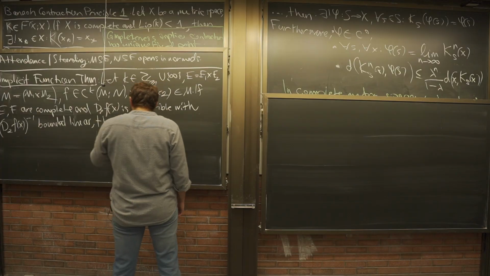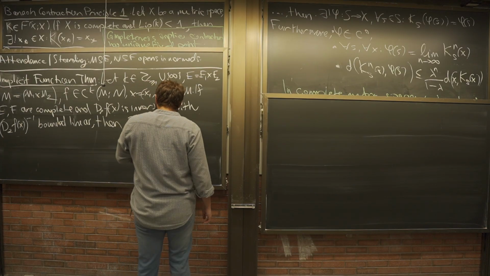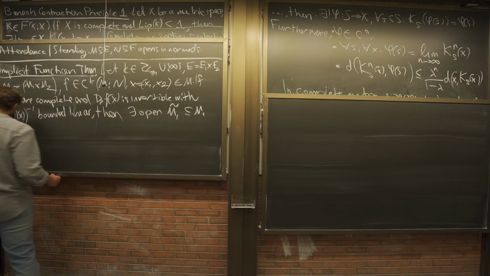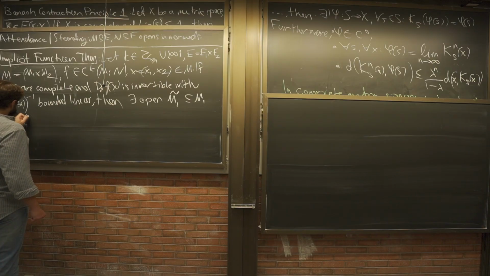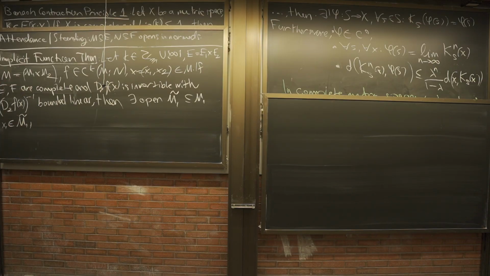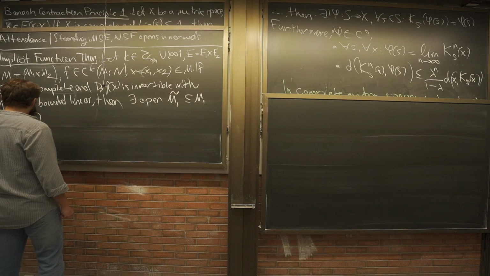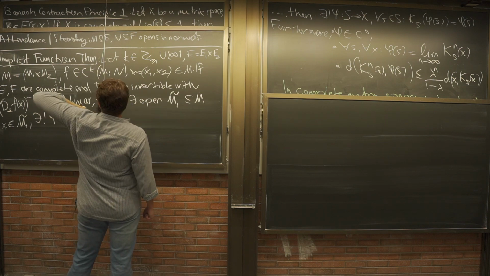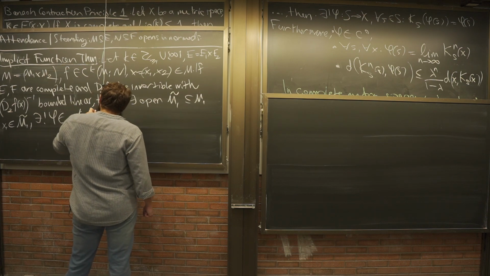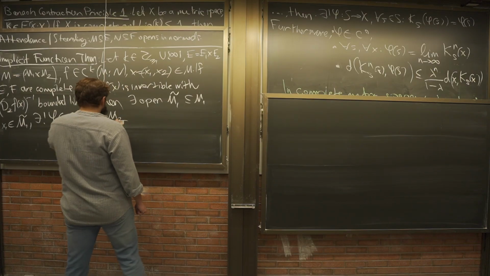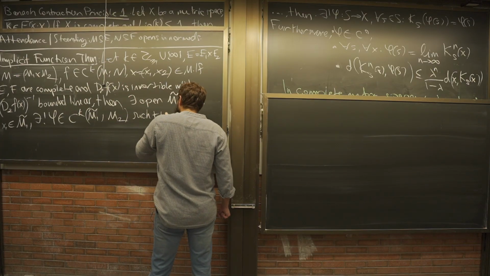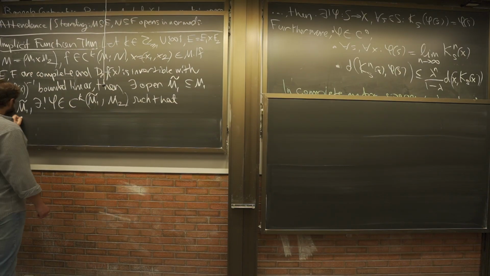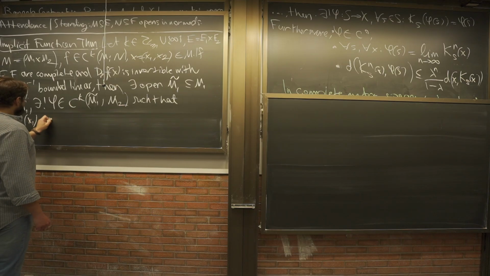Then there is an open set, M1 tilde, that contains x1, and a unique function phi from M1 tilde to M2. And this is also C^k, as regular as the original function F, such that it fits the initial data. That is to say, phi of x1 equals x2.